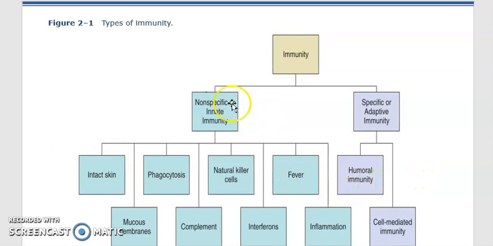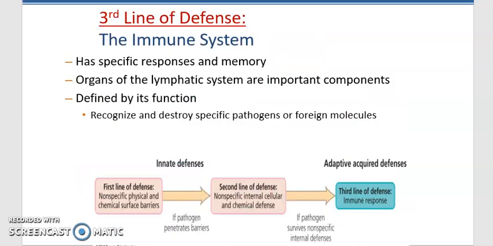So we also have all these non-specific immune responses that deal with quite a lot before you would need to invoke this adaptive immune response. But our adaptive immune response can be highly effective for dealing with invading pathogens and cancer cells of our body. So this is our third line of defense, and it has specific responses and memory.